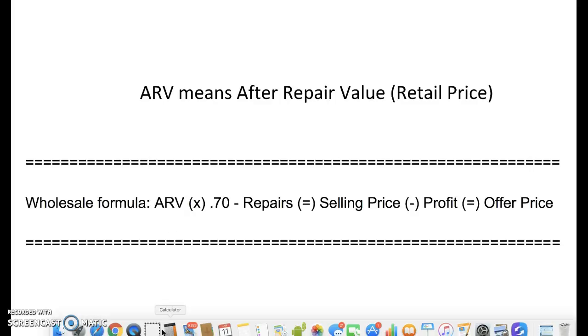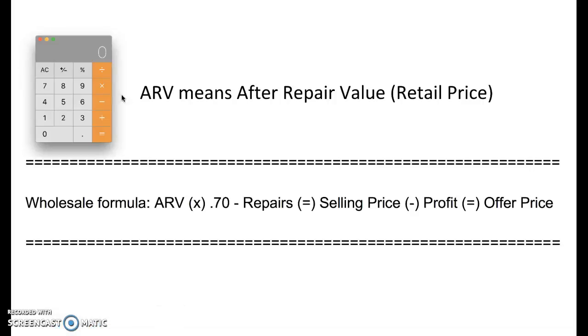So let me pull up a calculator real quick. Let's say you have a property and the retail value is $100,000. So you have the after repair value, or retail price, which is $100,000. You times that by 70%, 0.7. So now your total is 70,000.